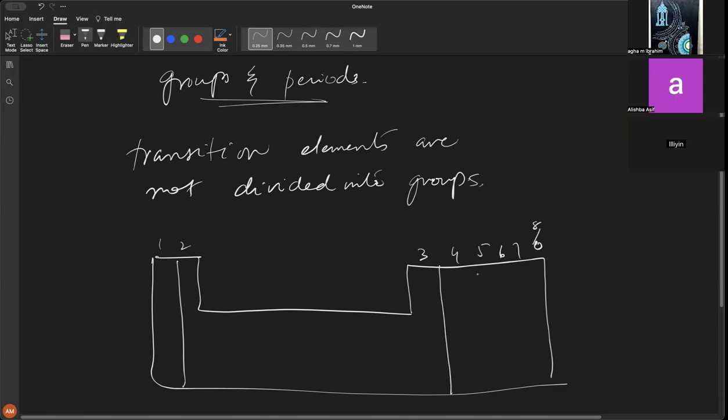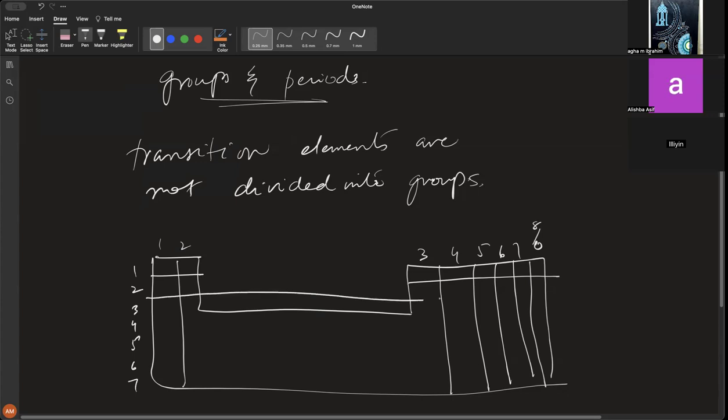These are the groups. And then you have periods like this: 1, 2, 3, 4, 5, 6, and 7. So there are vertical lines like these for each of these, and so on and so forth.